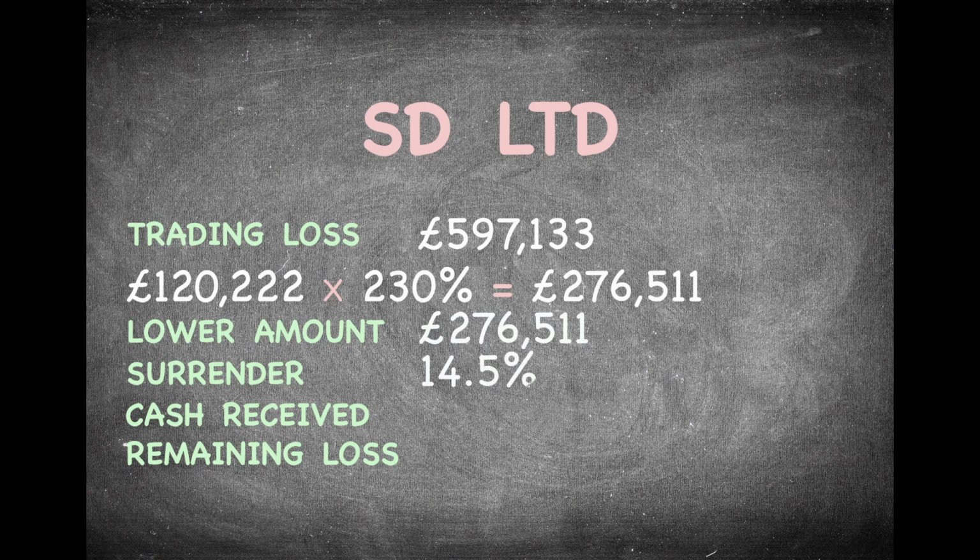The surrender is at 14.5%. So the amount of cash received is £40,094. The remaining loss of £320,622 can then be used as per the normal rules of losses. So carry forward, carry back, use in a year, that sort of thing.